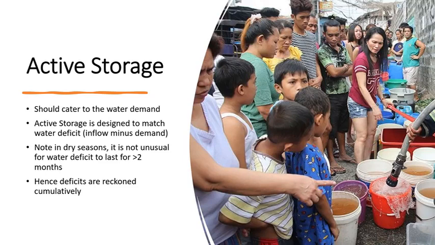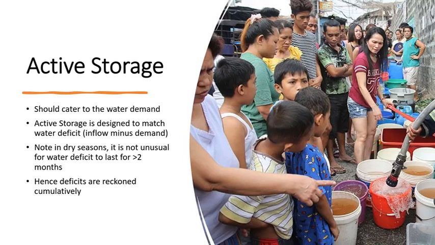Note that in dry seasons, we typically have a deficit, meaning there is more water being drawn out of the dam than is being supplied into the dam by the watershed. And note that deficits can last for more than 2 months in dry seasons.